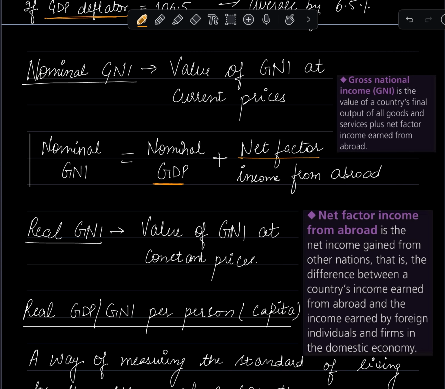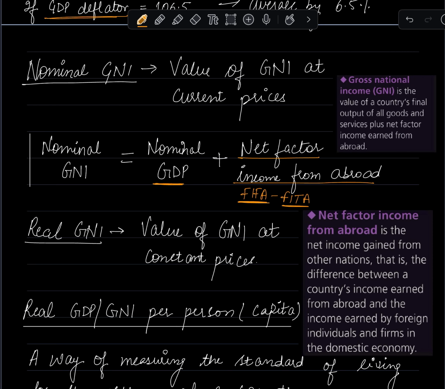So GNI is basically GDP plus net factor income from abroad. What is net factor income from abroad? Net factor income from abroad is basically factor income from abroad minus factor income to abroad. Factor income from abroad means money sent by the nationals of the country who are working outside the country, whereas factor income to abroad means foreign nationals working in domestic country but are sending money out of it.